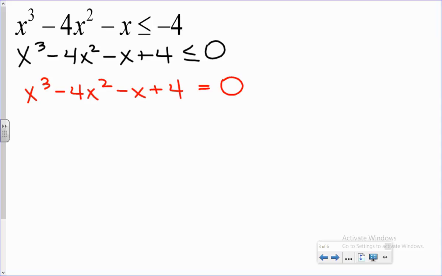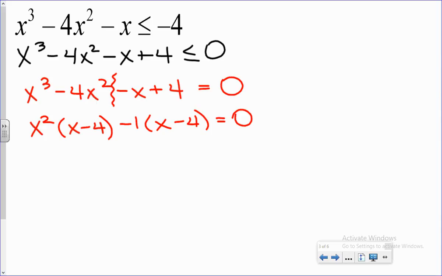All right, first we need to ask ourselves, can we factor? What method should we use to factor this? Grouping. I like factoring by grouping. So GCF in the first two terms is x squared. GCF in the second two terms? Negative 1.